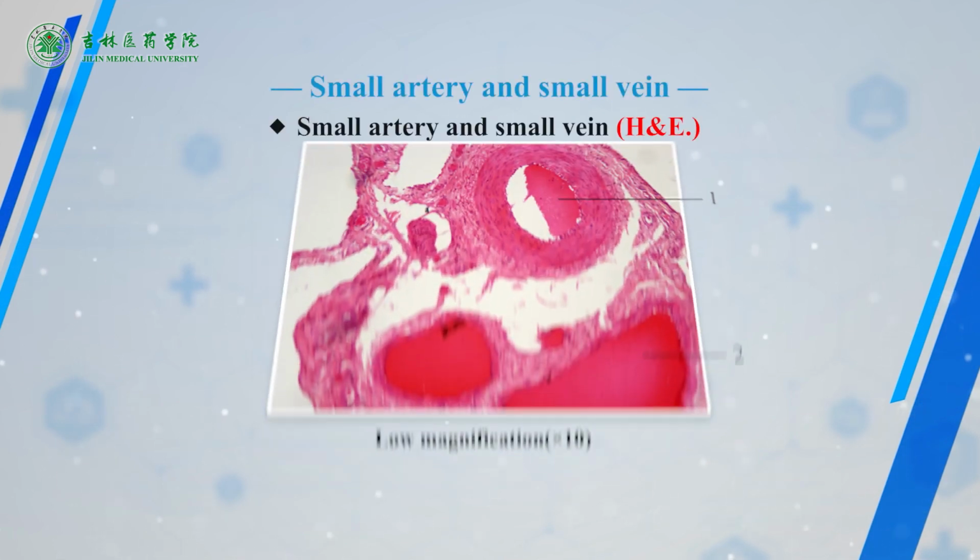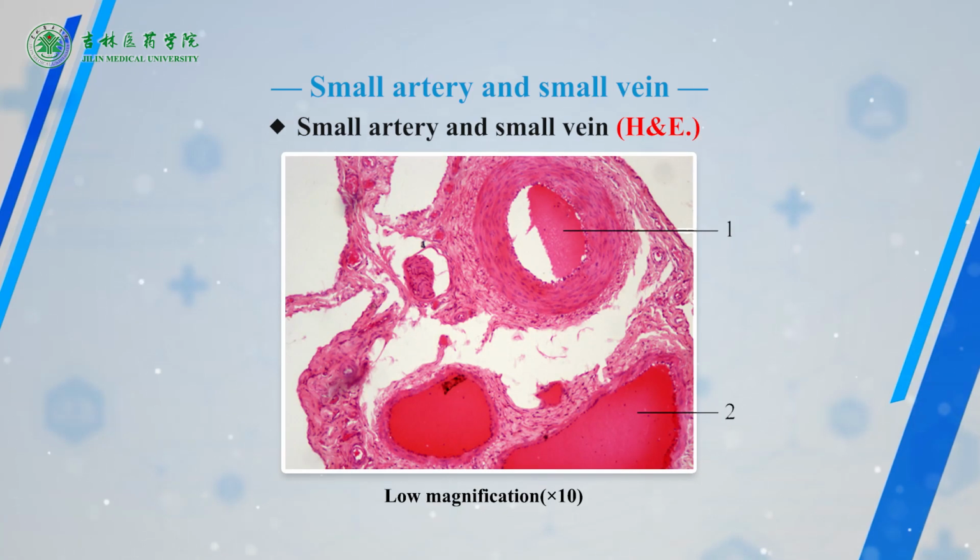The last slide is small artery and small vein, obtained from the section of small artery and small vein with HE staining. Small arteries are small and round with thick walls. Number 1 indicates the inner elastic membrane is thin, and the tunica media has several layers of circular smooth muscle.